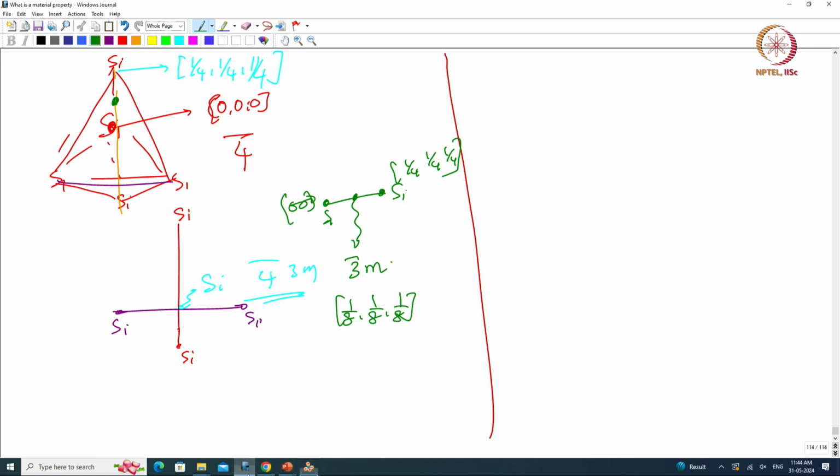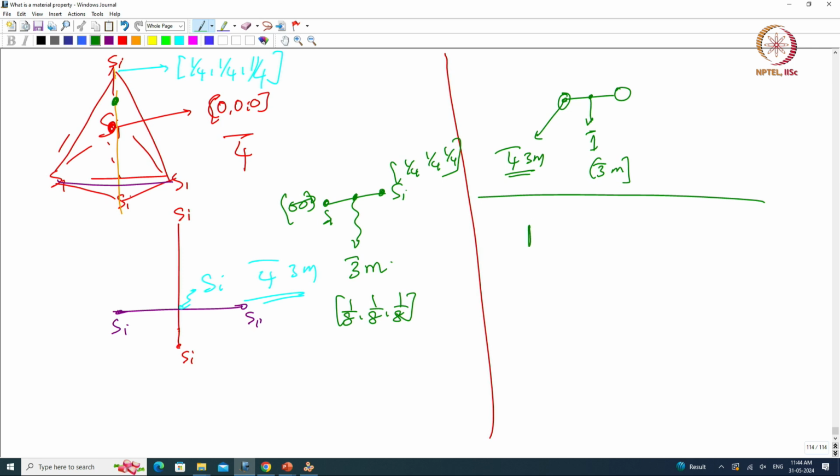If I consolidate, let's say I have 2 silicons. This has an inversion symmetry, 1 bar, or in fact it has 3 bar m, more than an inversion symmetry. This point has a 4 bar 3 m symmetry. Okay, good, that is how silicon is. So now I ask you the question, what is the space group of silicon?